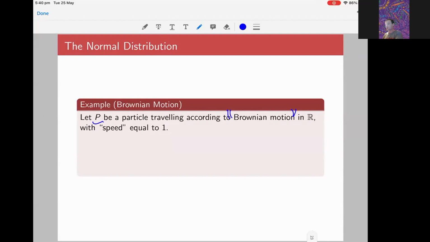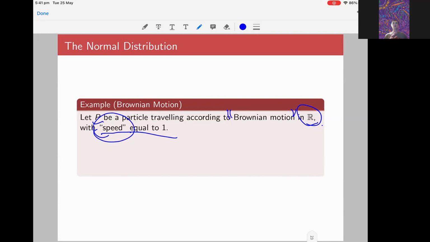So we've got a particle traveling in R, traveling according to Brownian motion, and it's traveling with speed equals 1. Speed in this context is also something that I'm not really going to explain to you, because with Brownian motion, things can basically move arbitrarily fast or arbitrarily slowly. But when I say speed is equal to 1, this is just some sort of normalization.